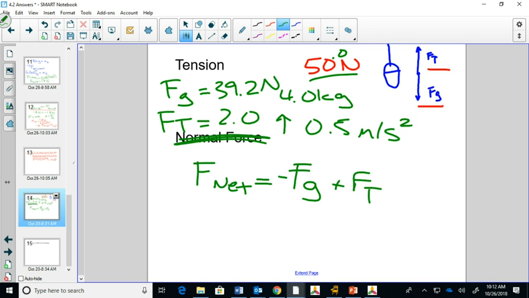Does that make sense? So therefore, this must be a negative 39 because it's pulling down, right? So therefore, the net force is equal to negative 39.2 plus 2.0.